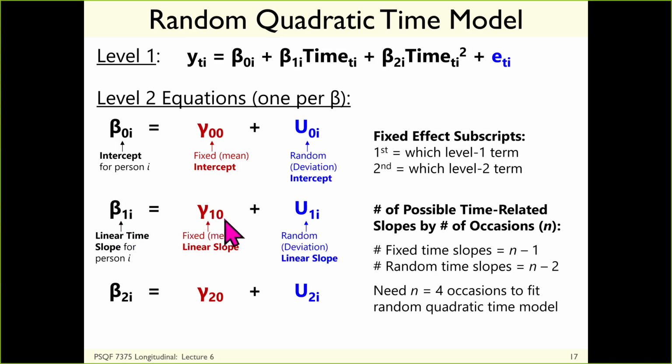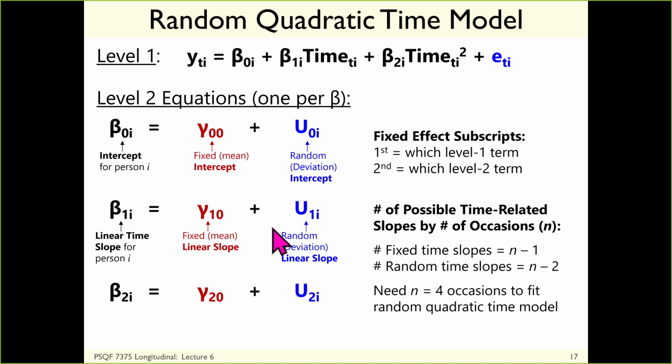The second subscript is either going to be a number, which indexes which fixed effect it is. So if I added a level 2 predictor, a time-invariant person characteristic, then its effect would be 1,1. If I added another one, it would be 1,2, 1,3, 1,4, and so on. That's coming in the next unit.